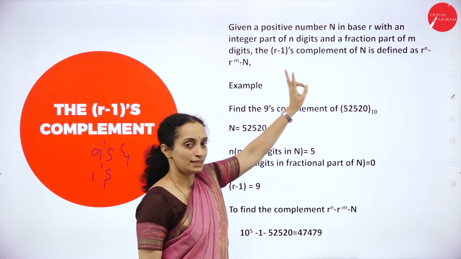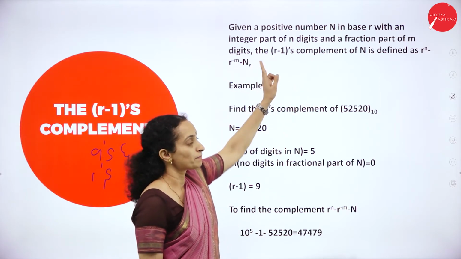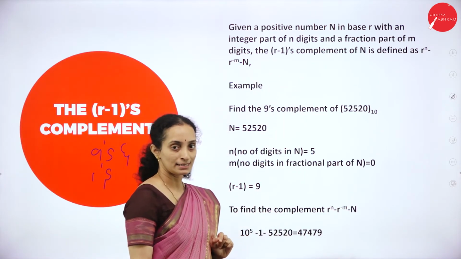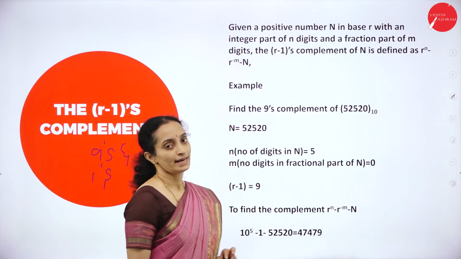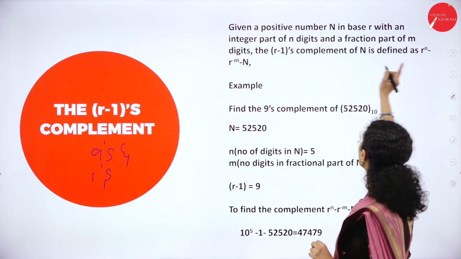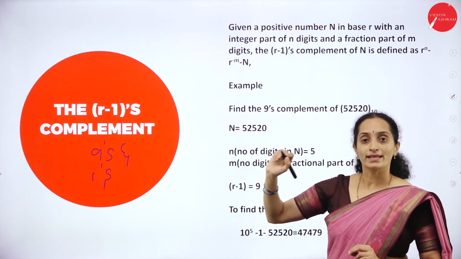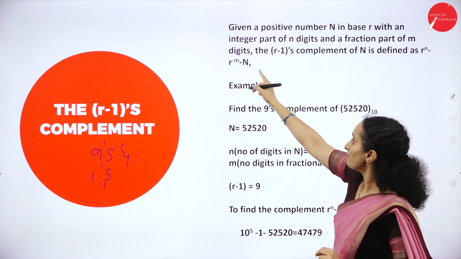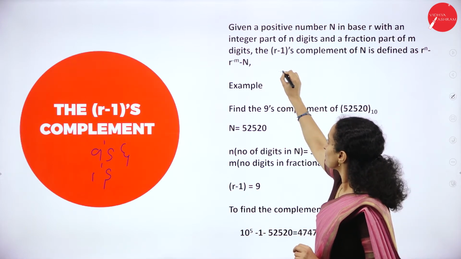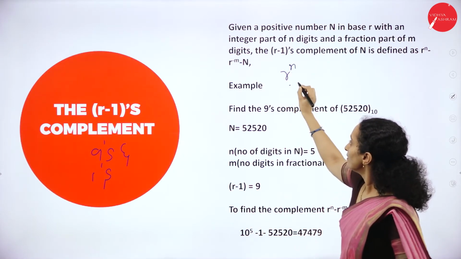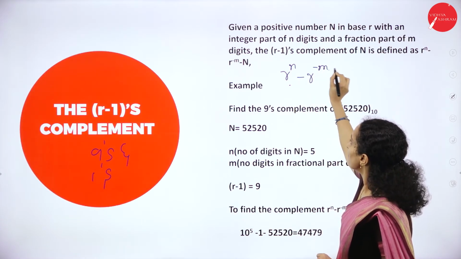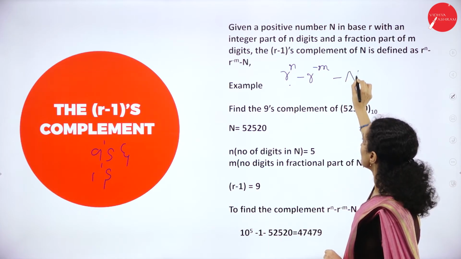Using these two, n and m, the R minus 1's complement can be found. For this also, we have a representation defined as R to the power of n minus R to the power of minus m, minus n.